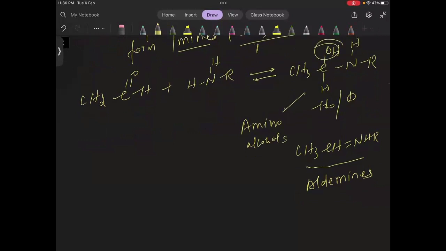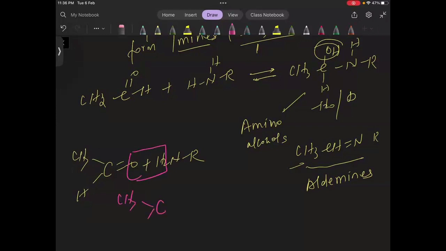You can write exactly the same product in a simple way, but why I have written it this way you will understand here. We can write simply CH3CHO and H2NR. The OH and H will be removed, then there is no H left, so H2O will be lost and the compound formed is CH3CH=NR.